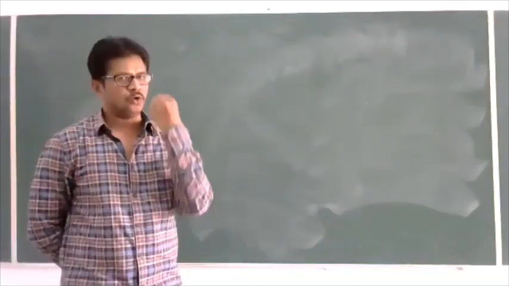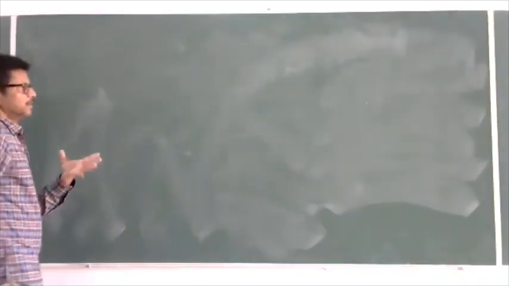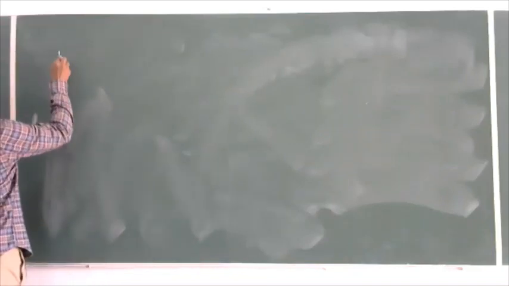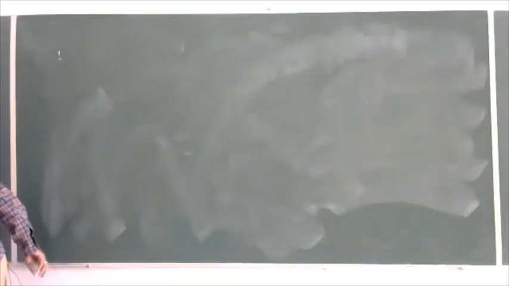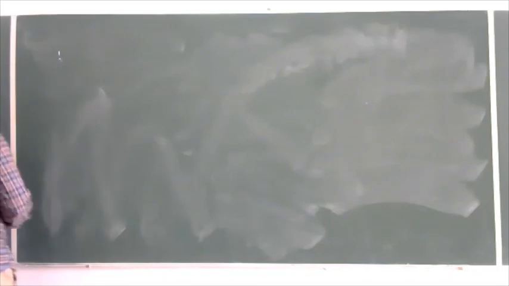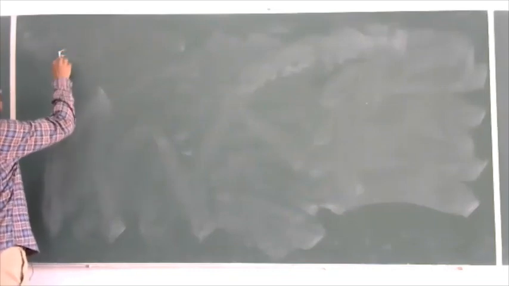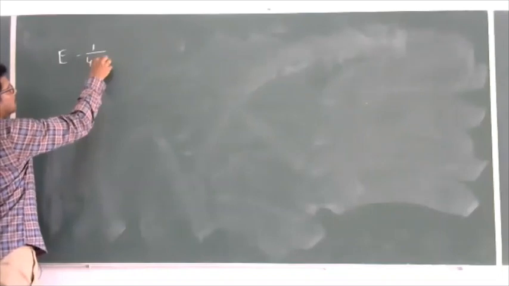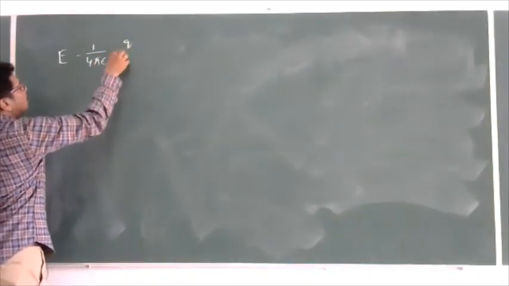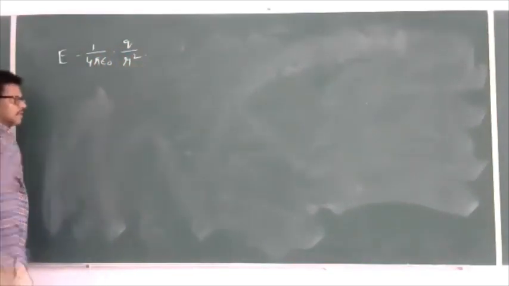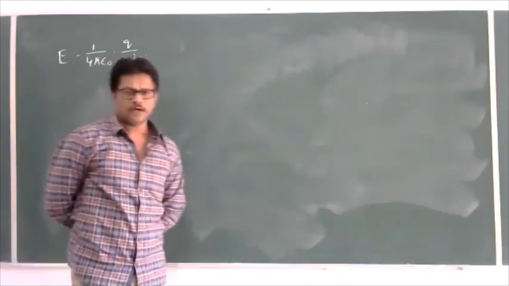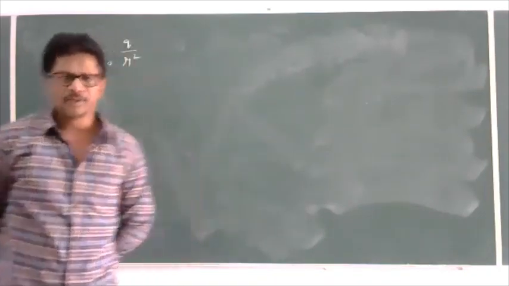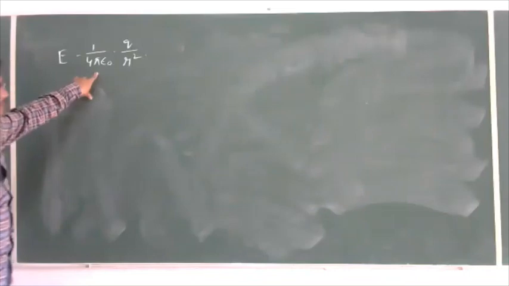According to Coulomb's inverse square law, we have a formula to find the electric intensity: E is equal to 1 by 4 pi epsilon naught q by r square. This is the formula we got by using Coulomb's inverse square law.